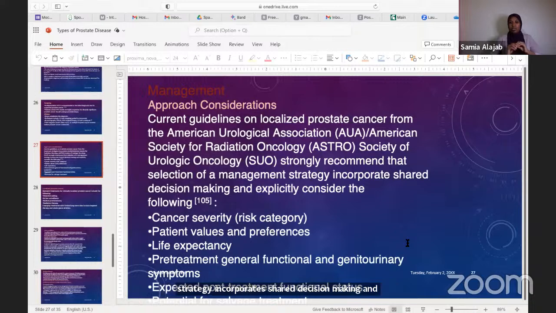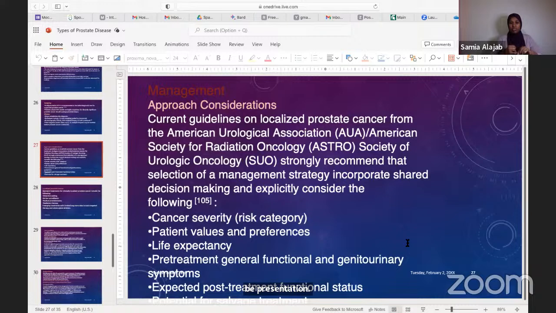So there are certain things we should consider in patients before we start treatment. First, we should consider cancer severity, the risk category. This depends on the staging and grade of the cancer and other things, and patient symptoms, presentation, patient values and preferences.